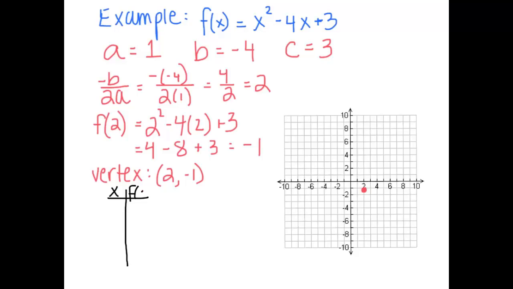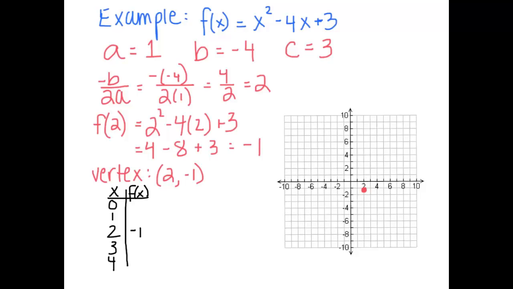I know that the x-coordinate of our vertex was 2. So I'd like to plug in 1 and 3 and 0 and 4. I like to kind of surround the vertex when I'm plugging in. I got a freebie. I already know our y-coordinate when x is 2. So all we have to do now is a little bit of algebra, a little bit of simplification to get the other ordered pairs.